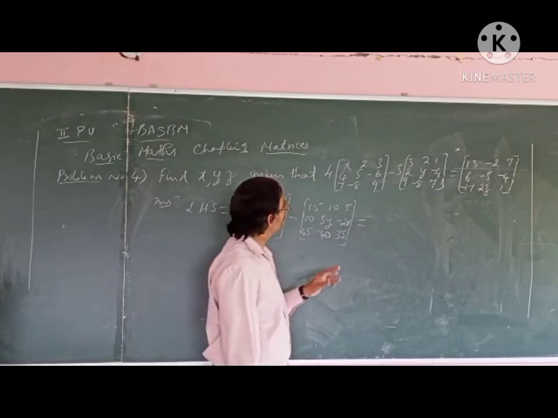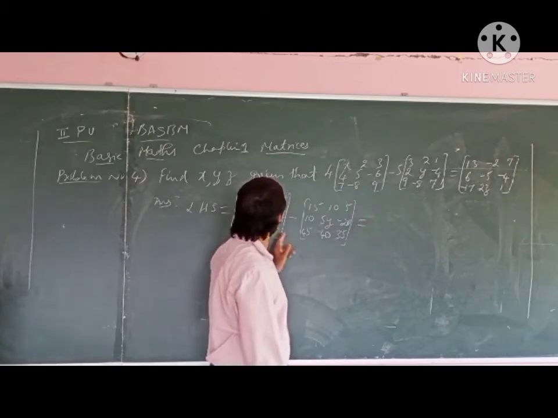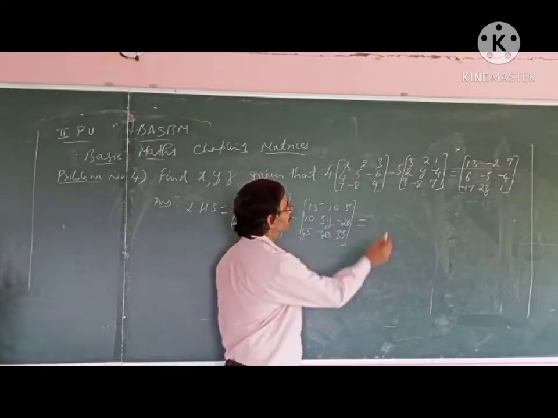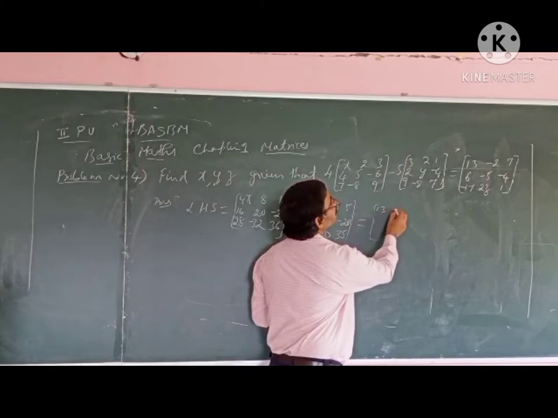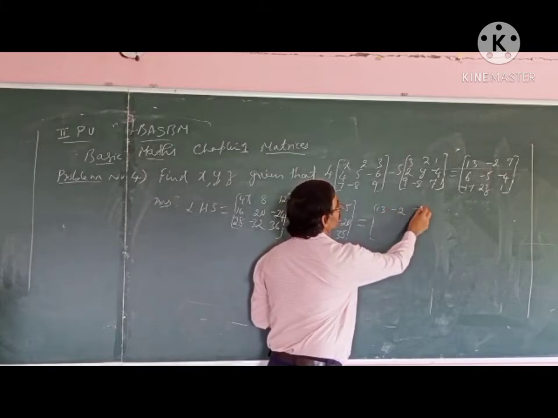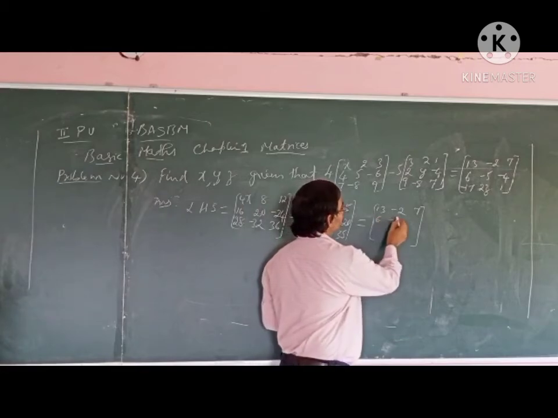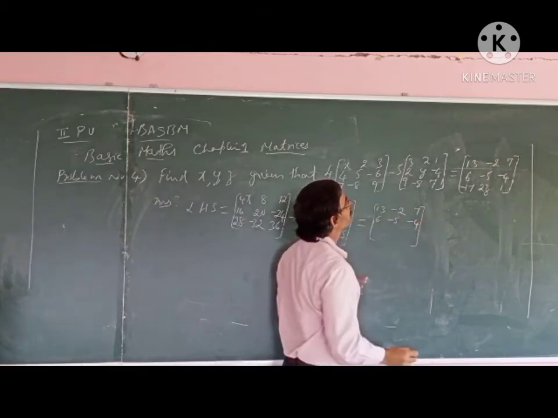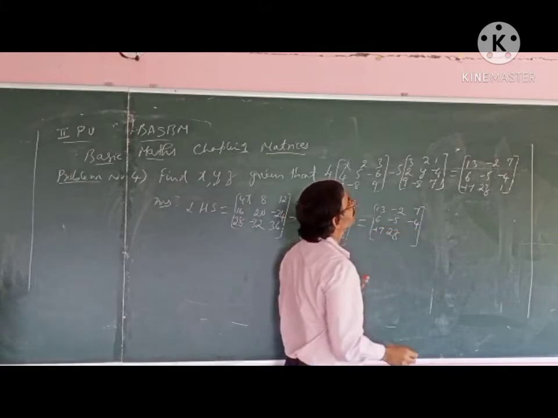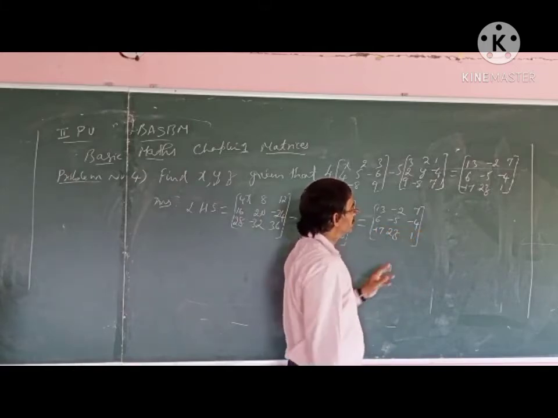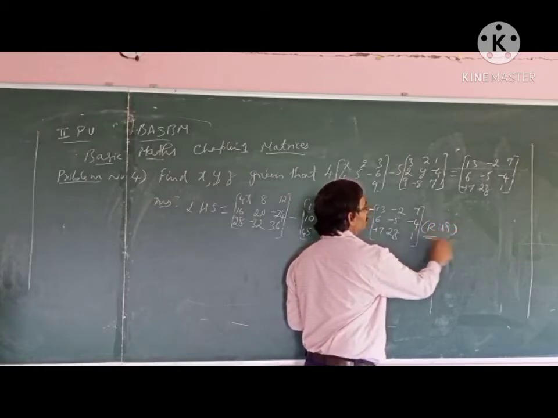Equal to the right hand side: 13 minus 2 7, 6 minus 5 minus 4, minus 17 2z 1.